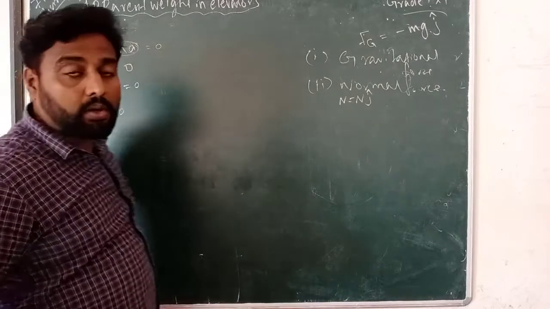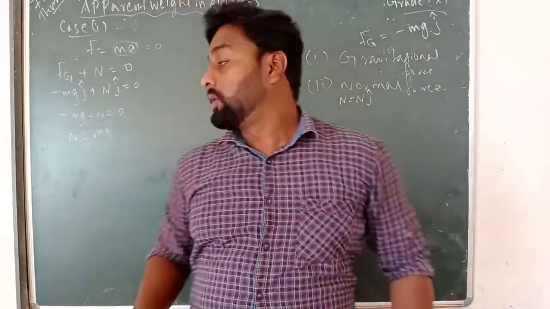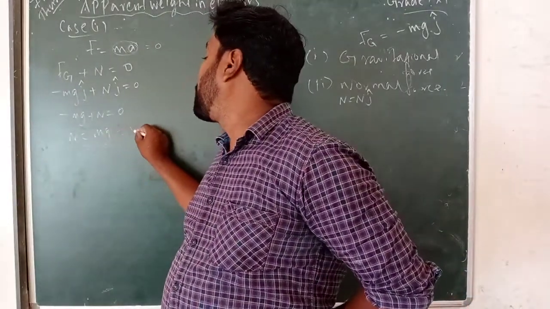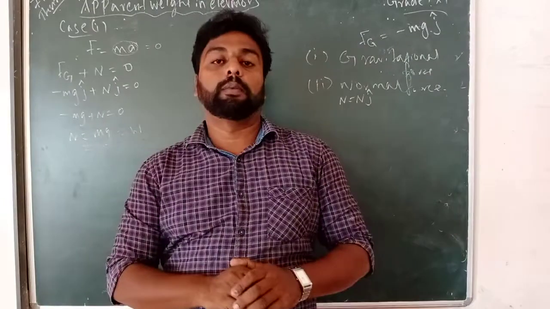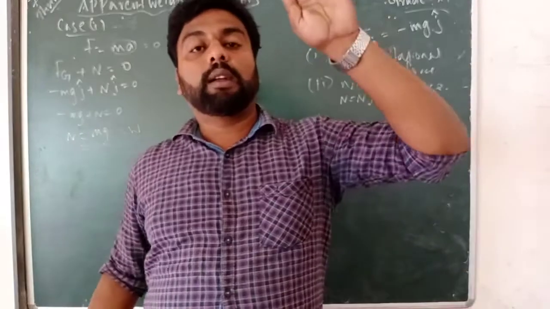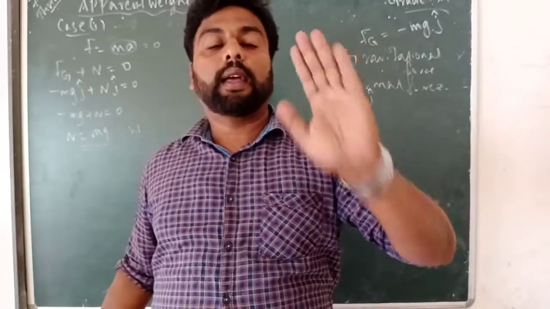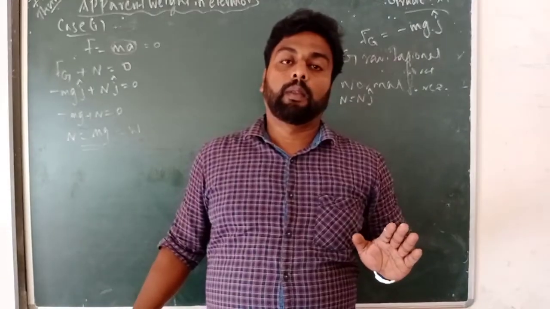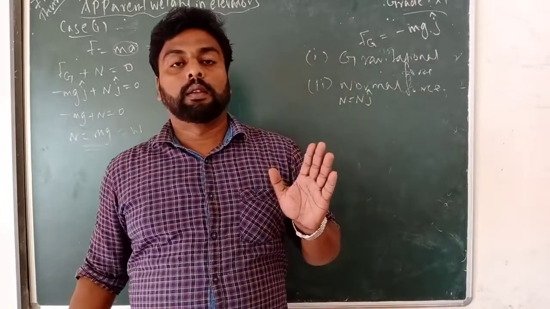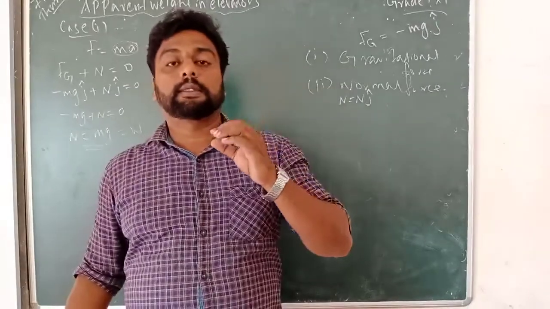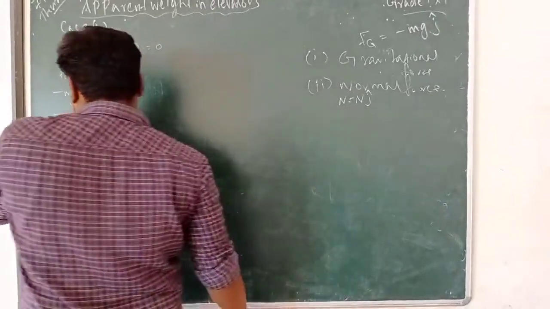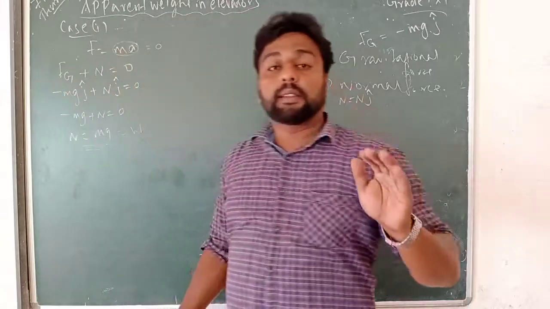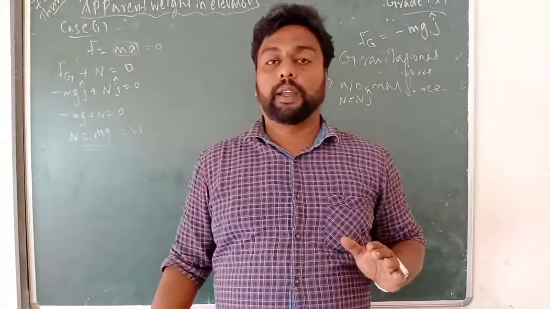So n is equal to mg, which is the weight. It means the apparent weight and the actual weight are the same. This is the first case. So when a person is at rest inside the elevator, his apparent weight is equal to his actual weight.